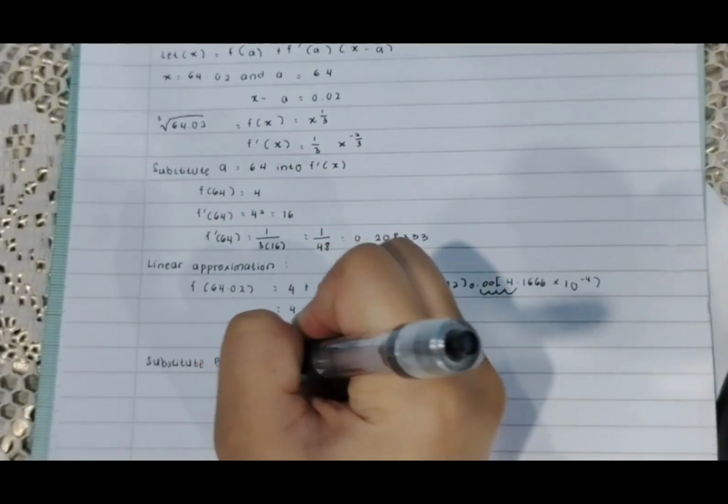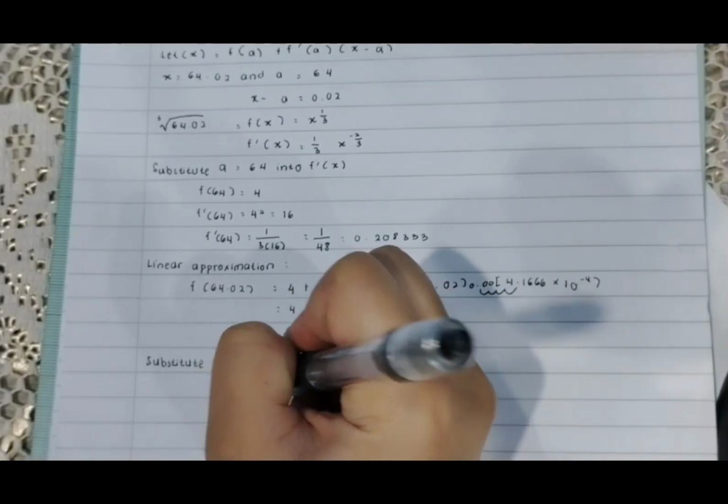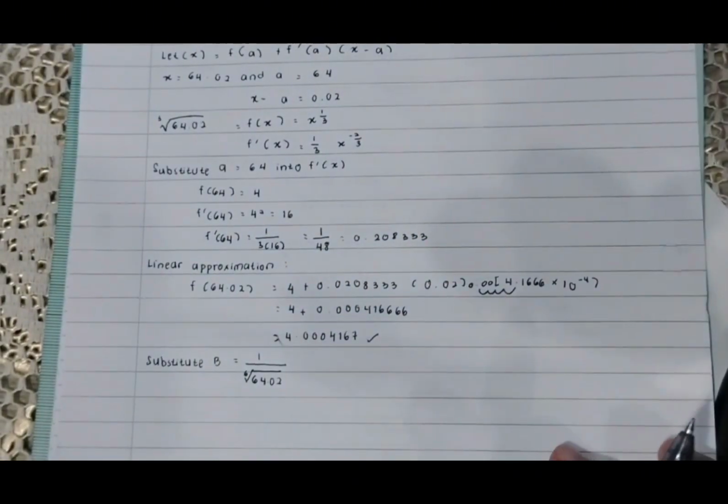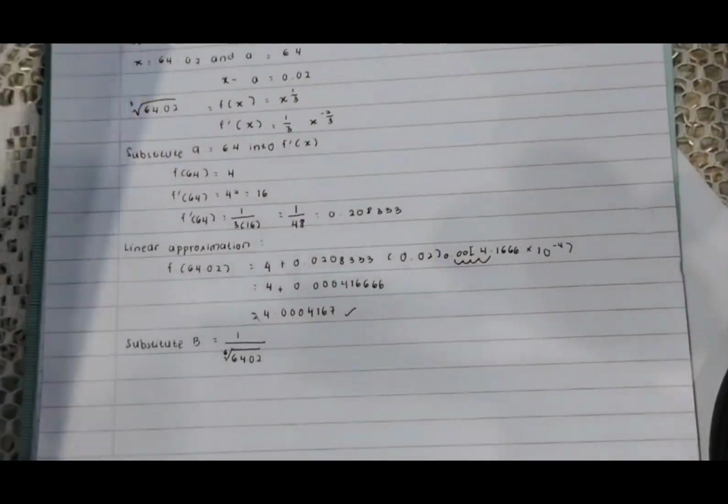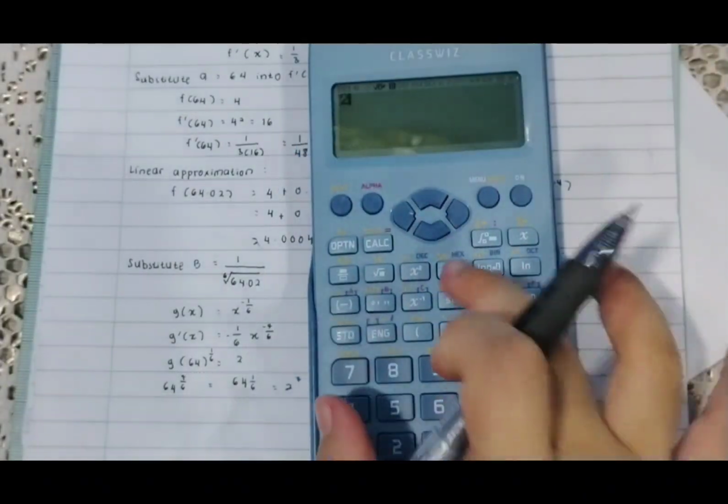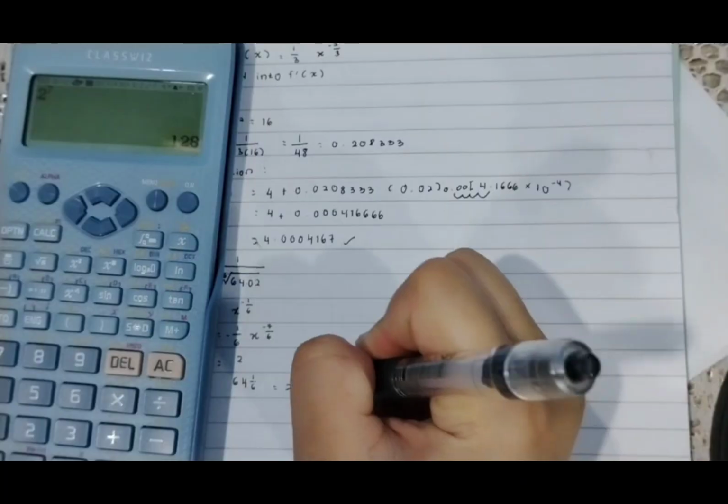For substituting b, 1 over 6 root of 64.02. Here we got 128.